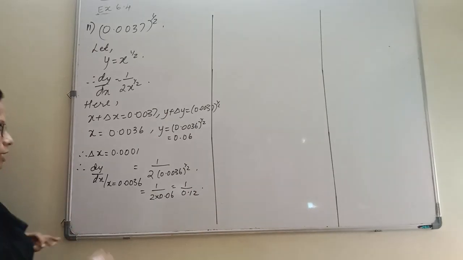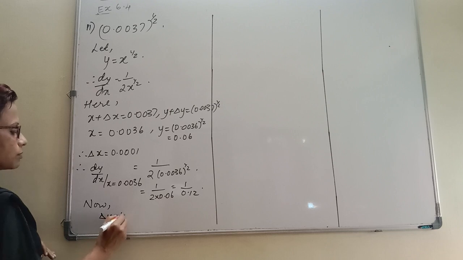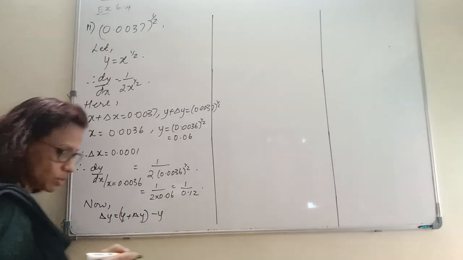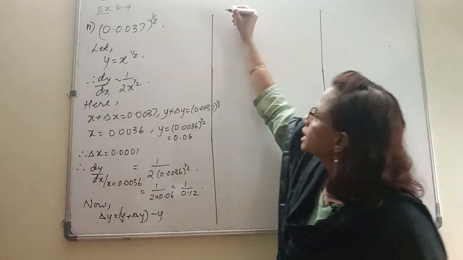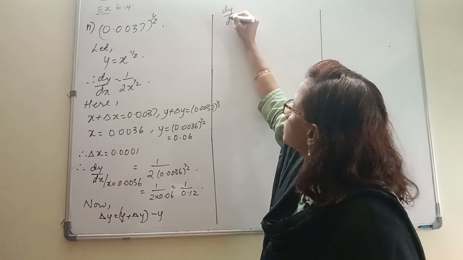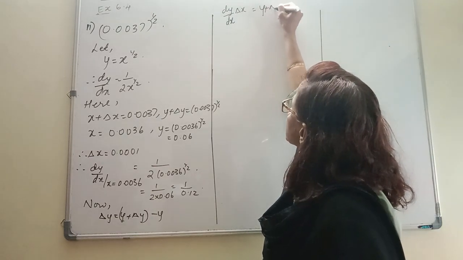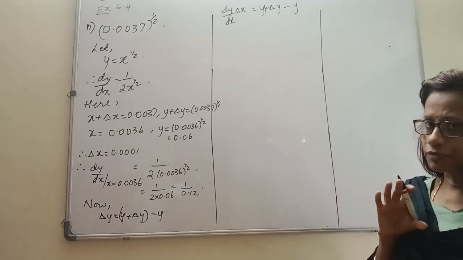That's your dy by dx. Now delta y is y plus delta y minus y. In this approximation case, delta y can be taken as dy by dx into delta x, so the values of every part are known.